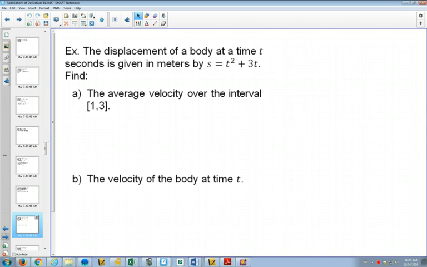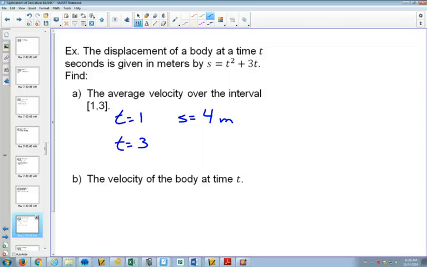So here we've got some object given by the displacement s equals t squared plus 3t. We want to find the average velocity over the interval from 1 to 3. When time is equal to 1 and I plug that into my formula for displacement, I will be at 4 meters. And when time is equal to 3, my displacement will be 9 plus 9, 18 meters.